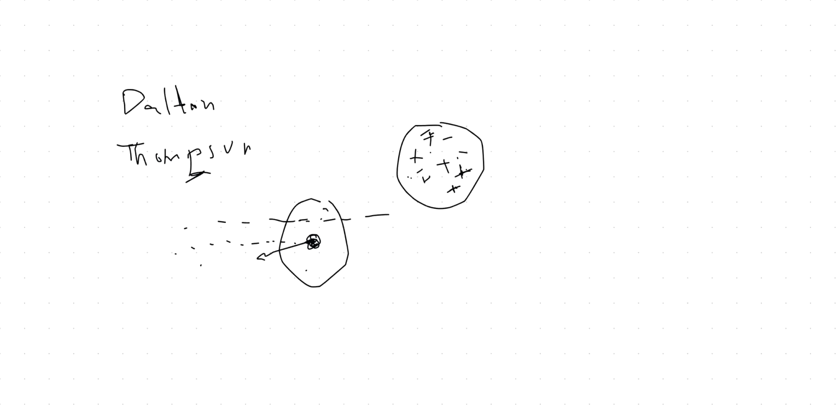Bohr said, it's okay, that's good, there is a center, but the electrons are not distributed just like this. The electrons are distributed in shells. So he said yes, there is a nucleus, but the electrons are distributed on shells.